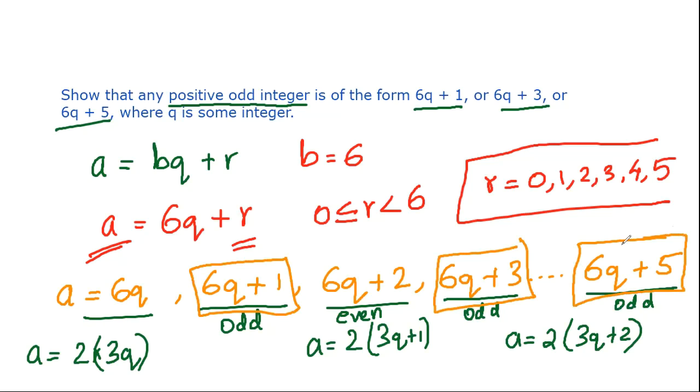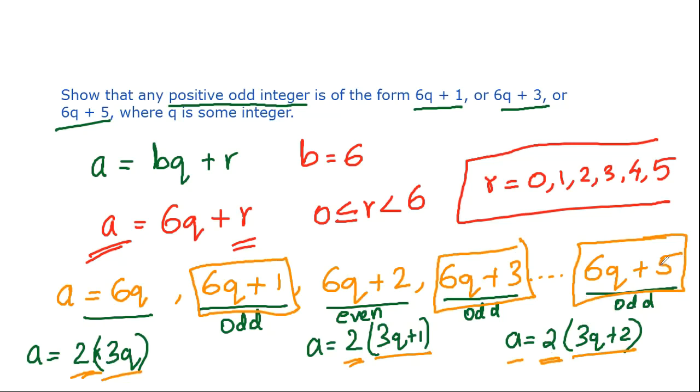In all other cases, you can write a as 2 into some integer, so these all are even values. Here you will get odd values: 6q plus 1, 6q plus 3, and 6q plus 5. These are the only odd values.